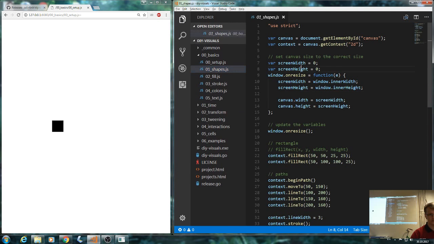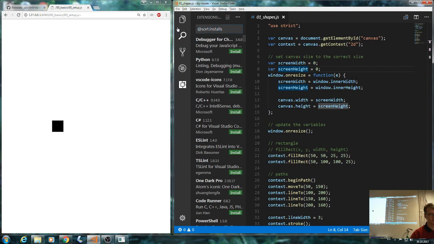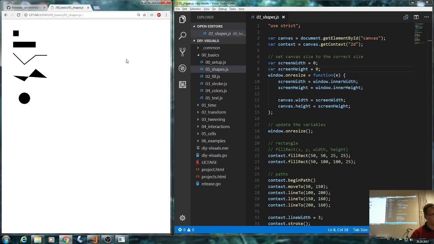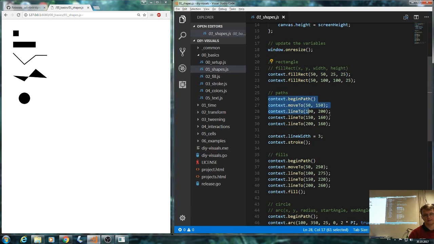We can go on to the shapes thing. And here we can see different things we can draw. So basic things like we can draw a rectangle, we can draw a square, and we can create the path.